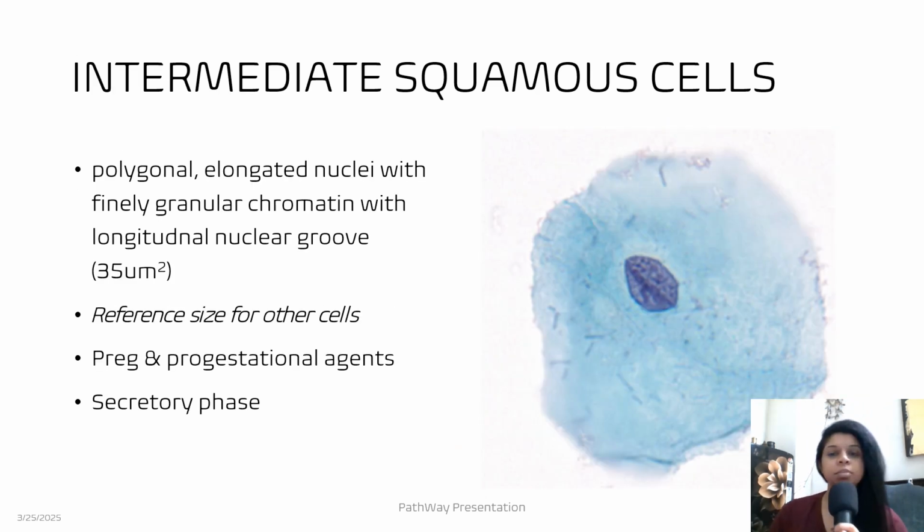And then the intermediate cells are the second layer, which is deeper, and they are polygonal cells as well, with elongated nuclei with fine granular chromatin and a longitudinal nuclear groove. The size is about 35 micrometer square, whereas the first one I said was 10 to 15.